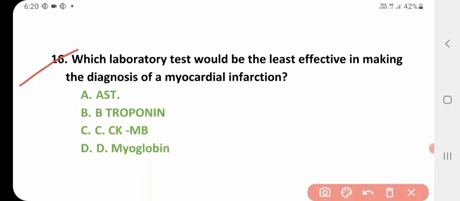Which laboratory test would be least effective in making the diagnosis of myocardial infarction? A, AST; B, troponin; C, CK-MB; D, myoglobin. The answer is AST, option A.